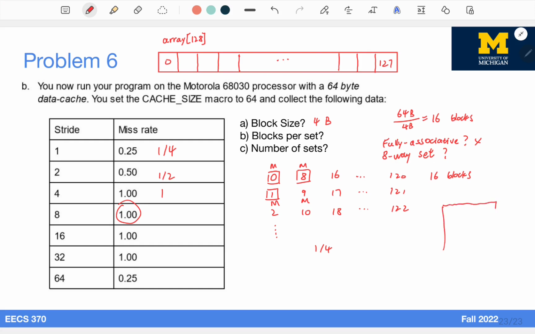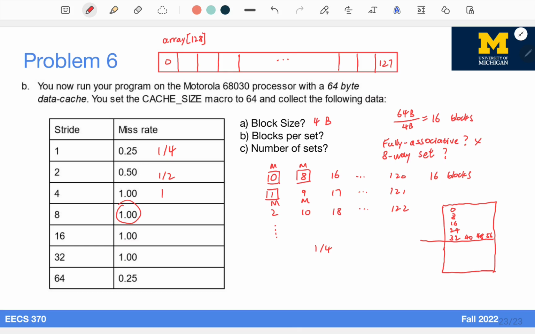Another illustration is you can draw a cache here. And if we divide it into two sets, first 0, 8, 16, 24, and then 32, 40, 48, and 56 are all inside the first set.